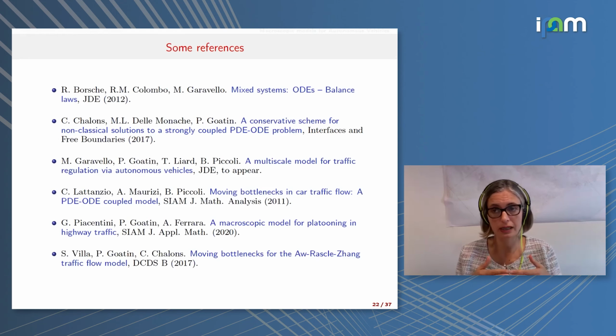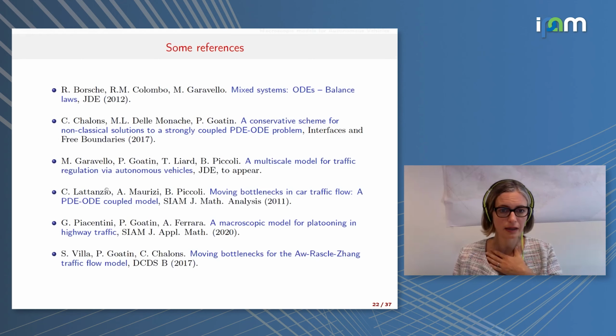So you have to be very careful in order to track this downward jump that appears at the vehicle position and to move it accordingly to the traffic evolution. If you are interested in the numerical scheme, these are described, for example, here.